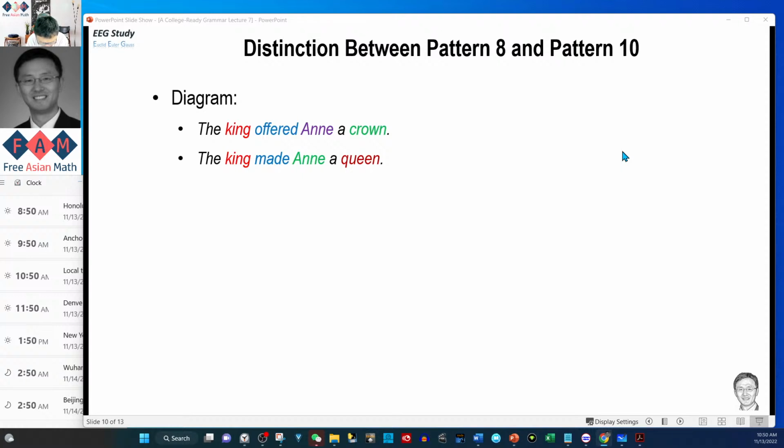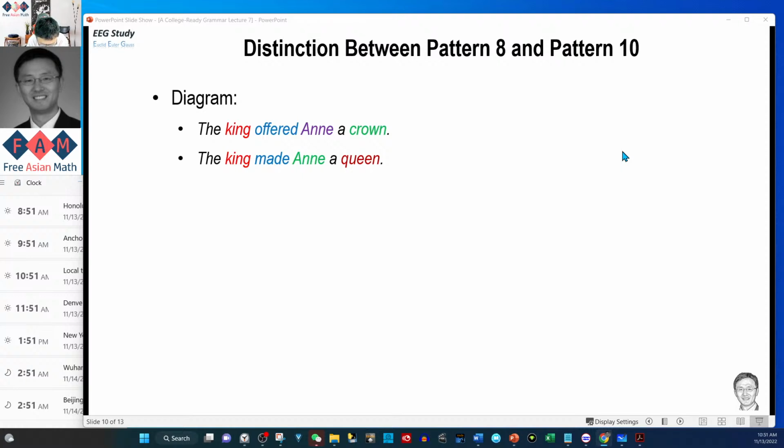The king made Anne. Made Anne what? To be what? To be a queen. So the king made Anne a queen. You compare this sentence to the sentence above, they look quite similar. The structure is very similar, but because of the different meaning or nature of the verbs involved, they are two completely different sentences, both in meaning and in grammatical structure.